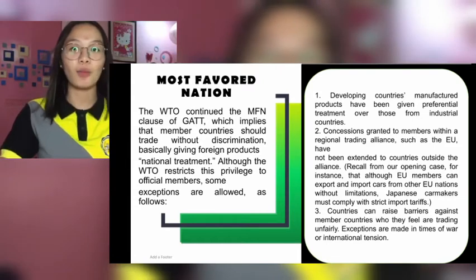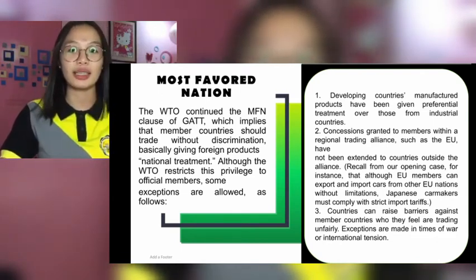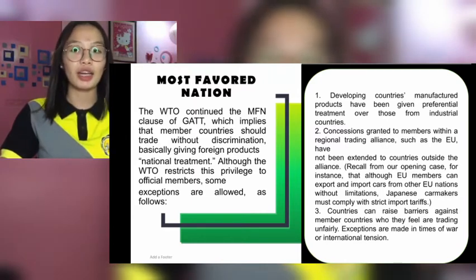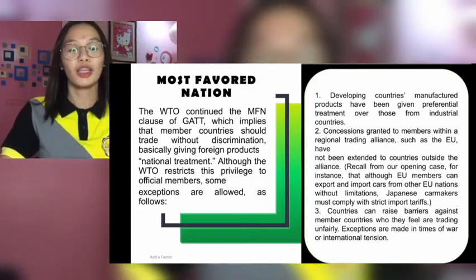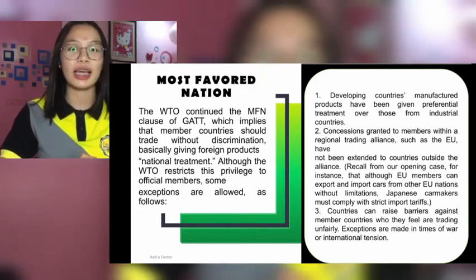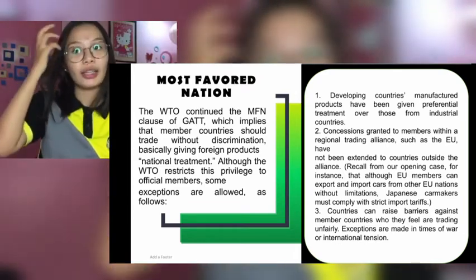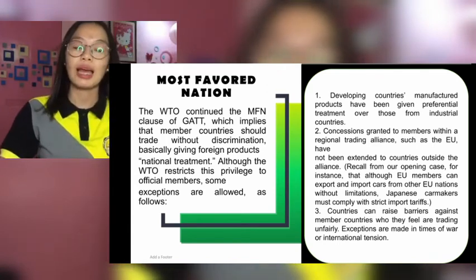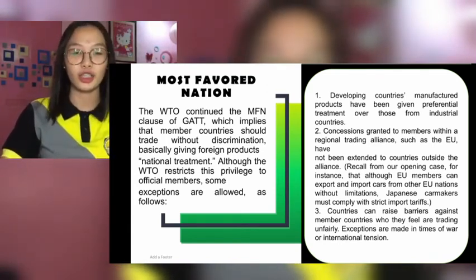Recall from our opening case, for instance, that although EU members can export and import cars from other EU nations without limitations, Japanese car makers must comply with strict import tariffs. Next, countries can raise barriers against member countries they feel are trading unfairly. Exceptions are made in times of war or international tensions.